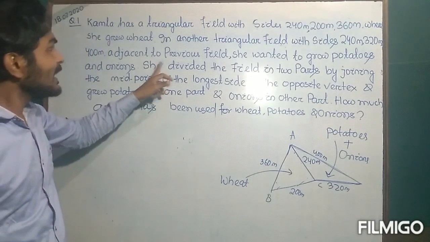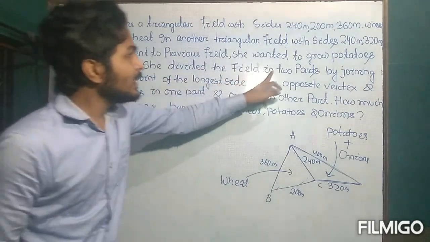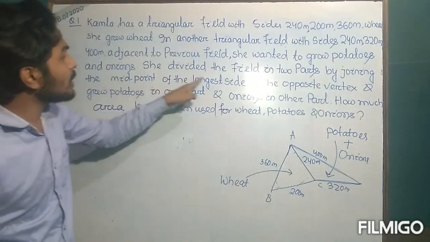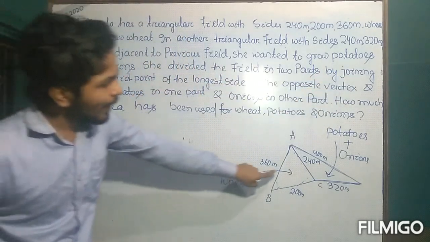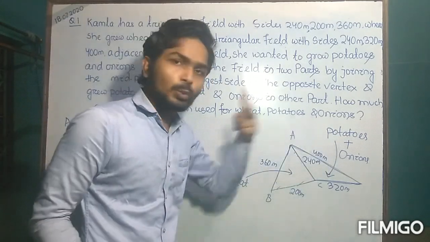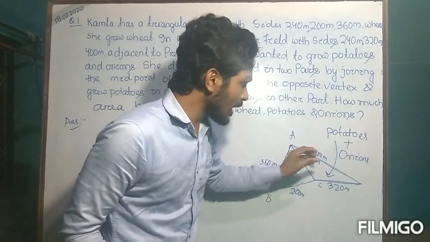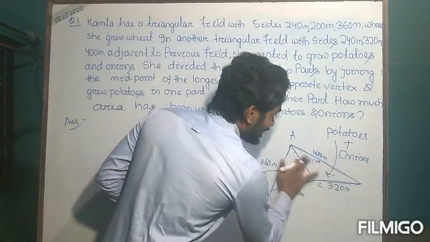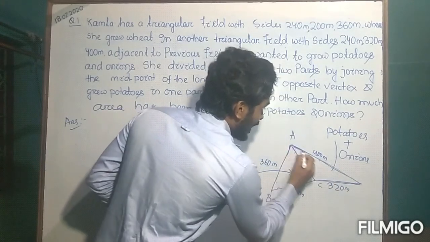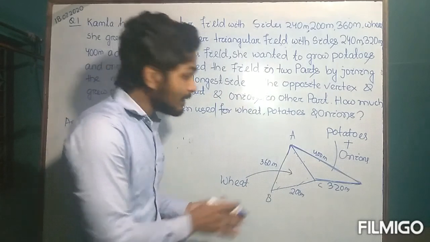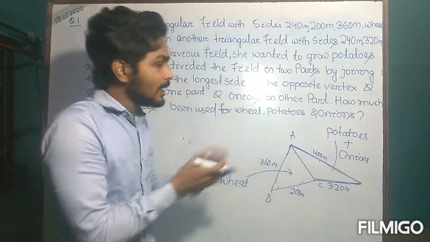Now, she divided the field in two parts by joining the midpoint of the longest side. In the first field she will grow wheat, but in the second field she has to grow two crops, potatoes and onions. That is why she divided this triangular field into two parts.